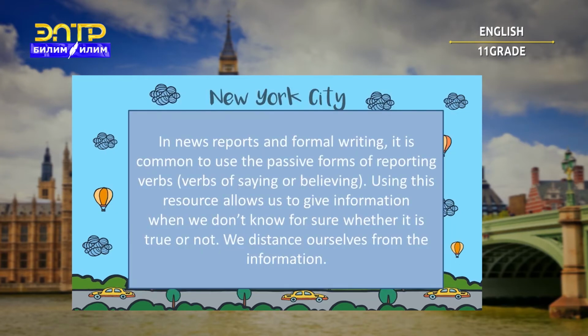In news reports and formal writing, it is common to use the passive forms of reporting verbs, verbs of saying or believing. Using this resource allows us to give information when we don't know for sure whether it is true or not. We distance ourselves from the information.